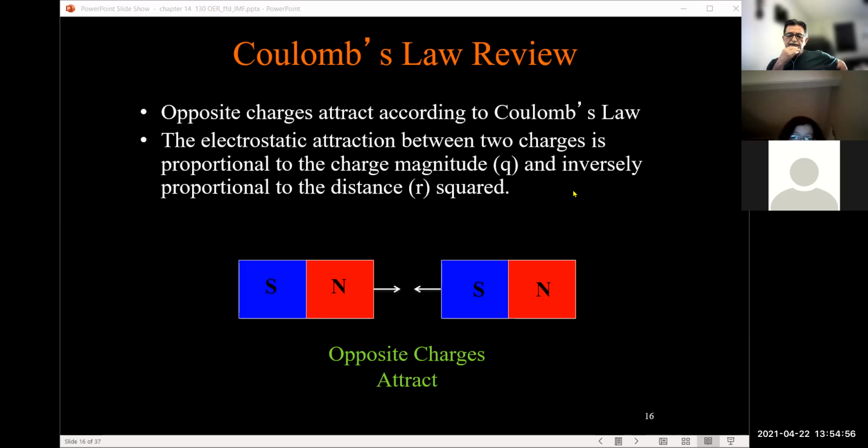But basically, what this says is that the attraction between two charges is proportional to the charge magnitude. In other words, if I got two small charges, you have X amount of force between them. But if I increase the charge, make them bigger, maybe it can go from a +1 to a +2 or -1 to a -2, the force increases proportionally, okay? But it is inversely proportional to the distance between the charges.